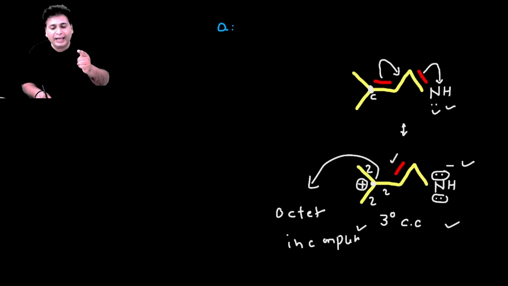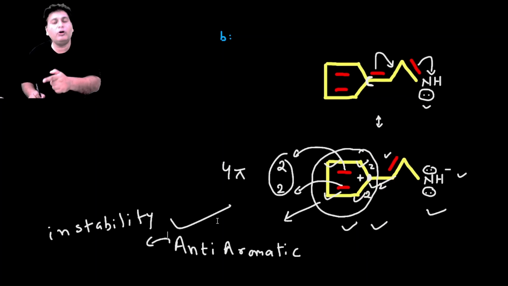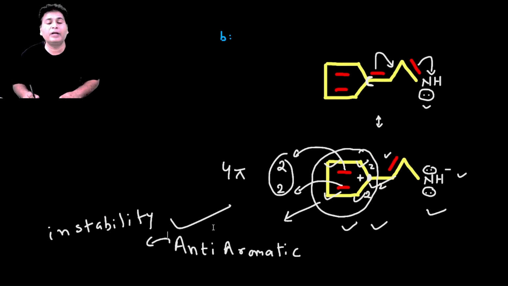So in the case A you have the carbocationic character with incomplete octet. In the case B also you have the carbocationic character with the incomplete octet, but B is not as good as A. Why? Because B has got anti-aromatic character, which is not good for the health of this carbocation, and it is unstable.